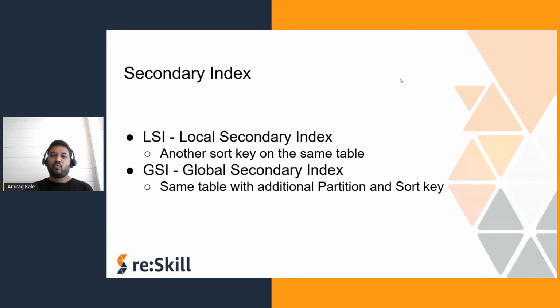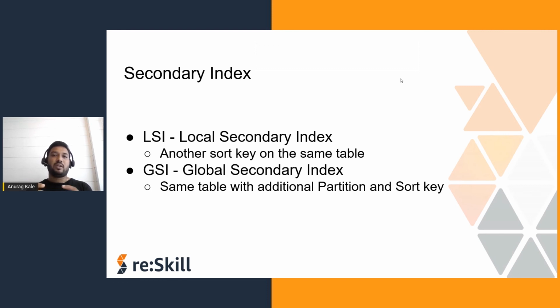In the background, DynamoDB replicates your entire data from the primary table and creates a copy of your data, and changes the partition key and sort key for that. So in practice, although you are interacting with one table, in the background this is a whole different table that you're going to deal with.